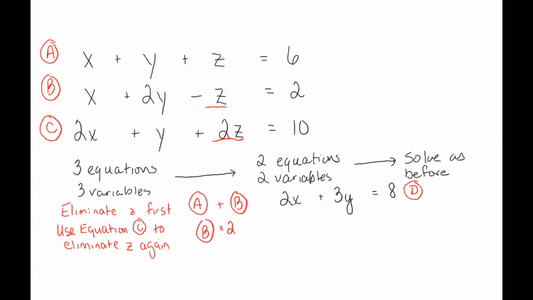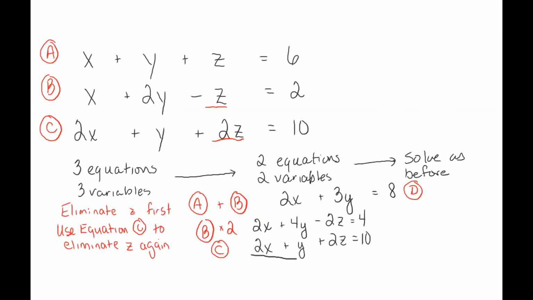Let's write it down so you guys can see. If I multiply B by 2, I get 2x plus 4y minus 2z equals 4. And equation C, I'm just going to recopy. 2x plus y plus 2z equals 10.